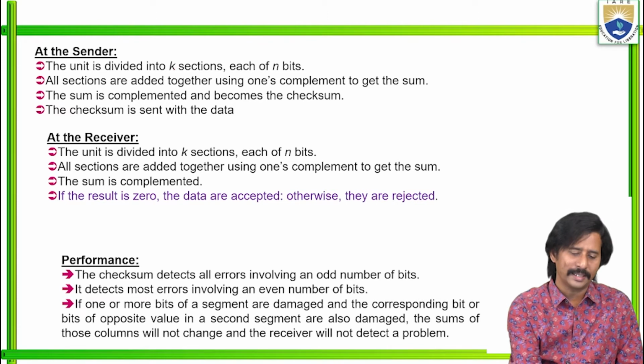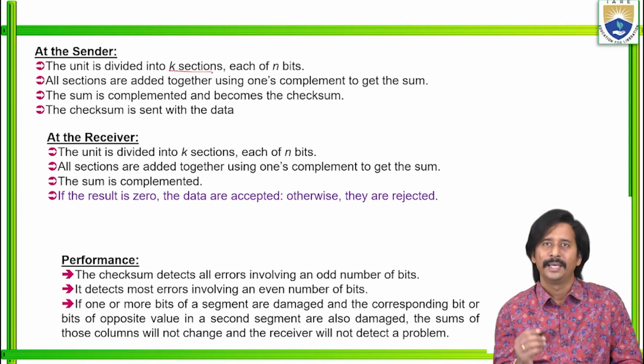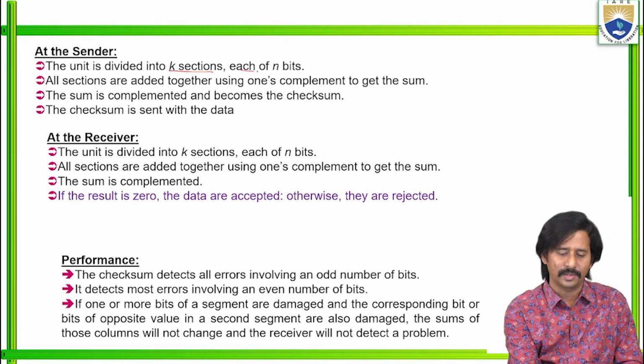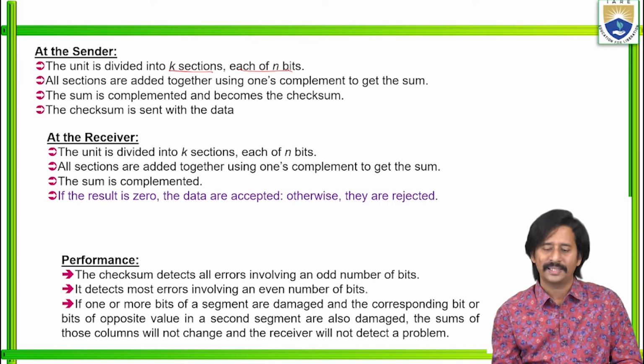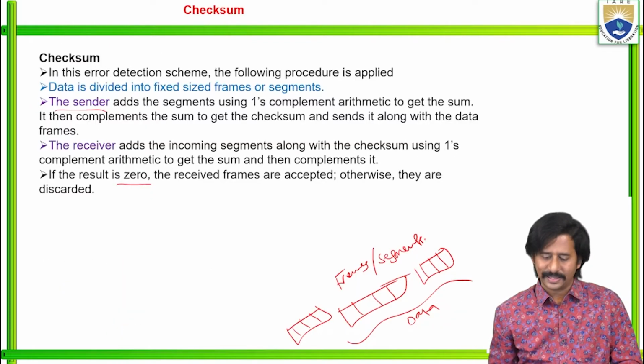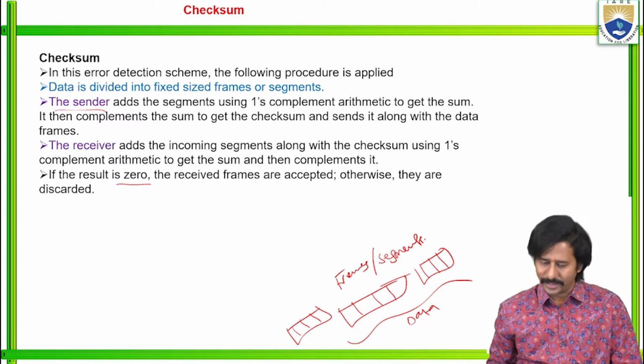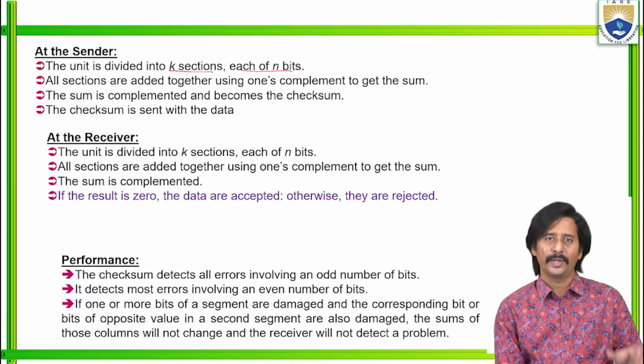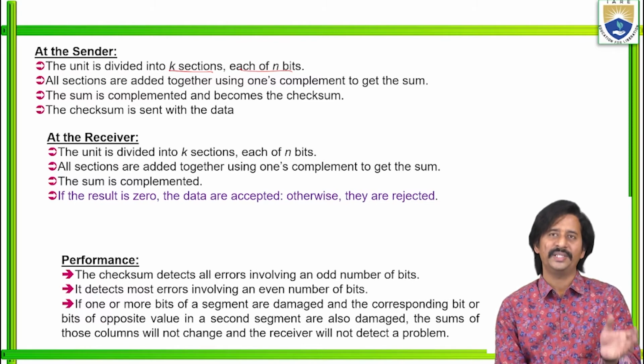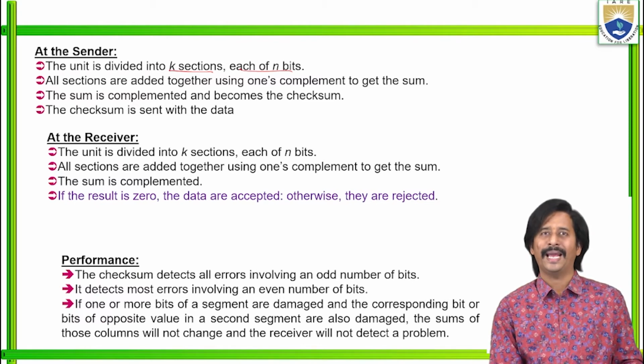Those are called K sections, and each section is n bits. Let us take our previous example. In that example, we had 3 frames, and each frame was a fixed size of 4 bits. Similarly here, the unit is divided into K sections, each having n bits.